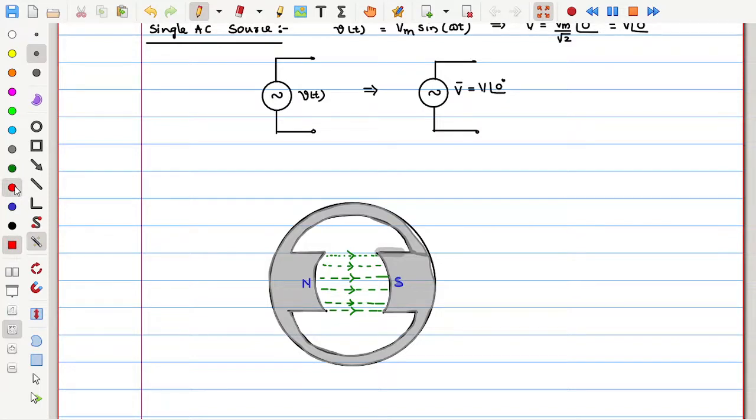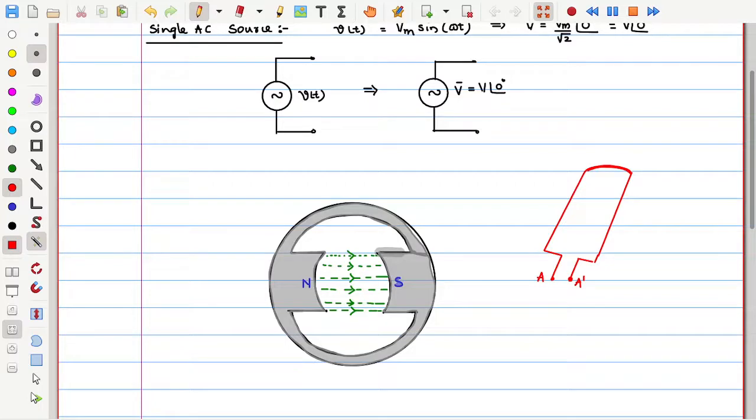Now in this kind of system, if I place one conductor like this, a conductor is one wire. But instead of taking one conductor, I'll take two conductors in this shape and connect the two conductor ends on one side here, and on the other side I'll bring them to some shape with the end terminals as starting terminal A and ending terminal A dash.